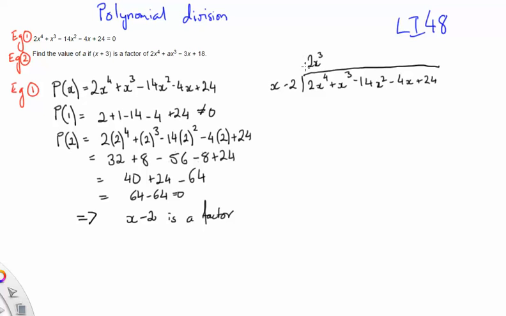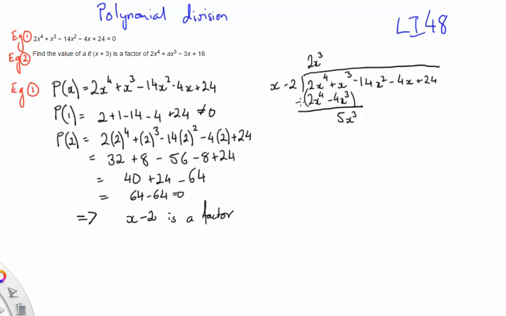Then we take this term and multiply it by this term, so 2x cubed times x, and we put 2x to the power of 4 here. Then we take this term again and multiply by this negative 2 here. So that gives us minus 4x cubed. Now if you remember, you subtract this off, so we get x cubed minus 4x cubed, which gives us 5x cubed.